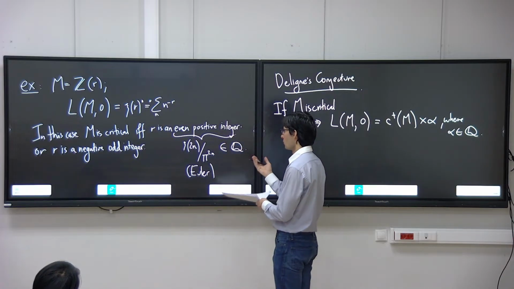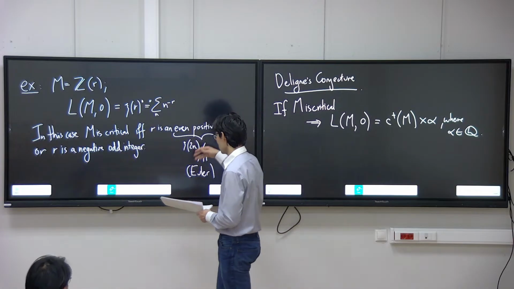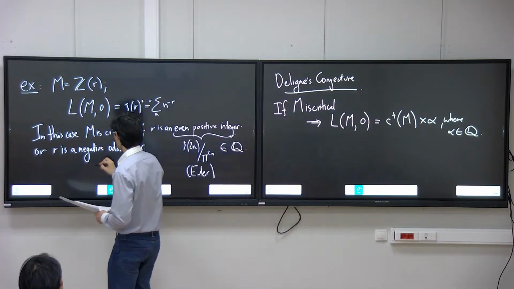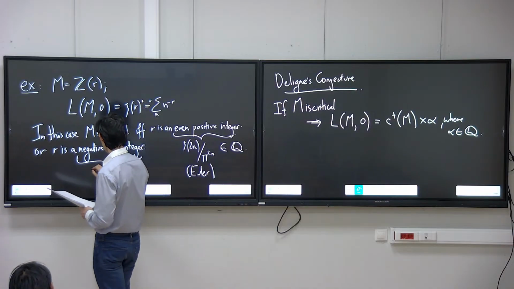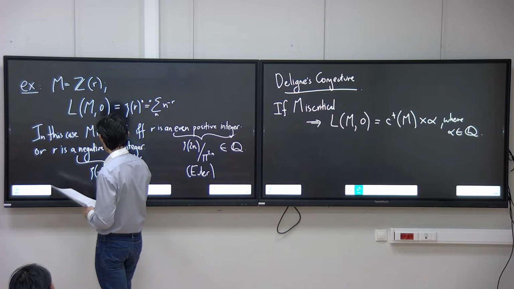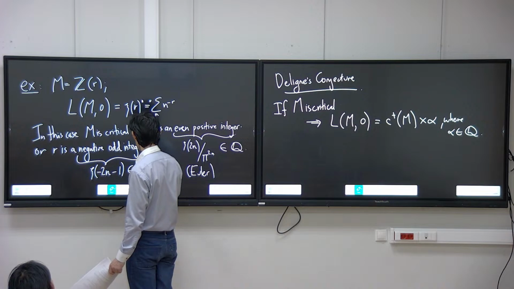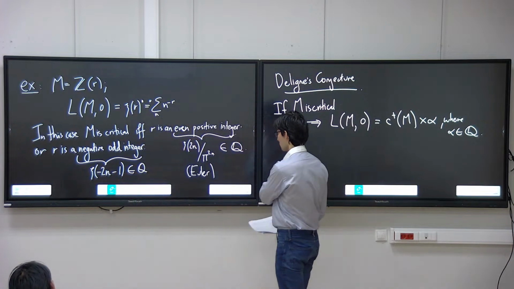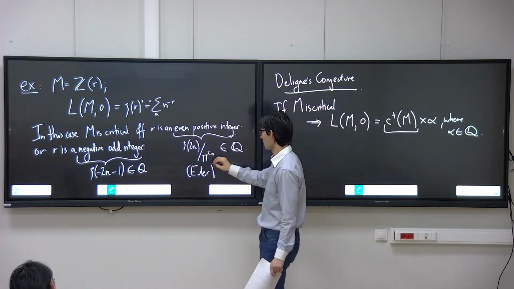At his time, very little machinery was available, but he used just some analytical arguments. And for the negative odd integers, he proved, also using the functional equation, that the zeta function evaluated at -2 and -1 is just a rational number. So in this case the period of M is just a rational number, so it's not transcendental, but here it's transcendental.